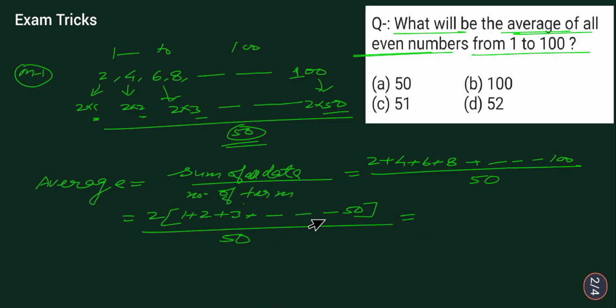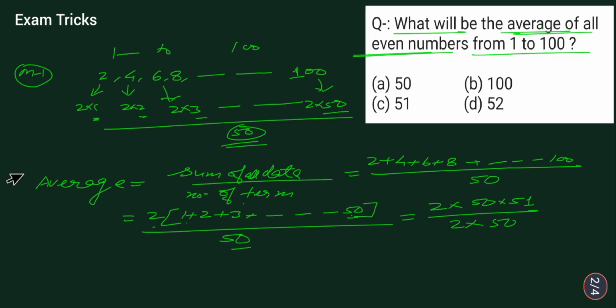Now you need to know that 1 plus 2 plus 3 plus 4 and so on up to 50 is the sum of the natural numbers. So I'm writing here 2. You know that the sum of the natural numbers formula is n into n plus 1 divided by 2. Here n is 50, so 50 into 50 plus 1, that is 51, divided by 2, and 50 is available here already.